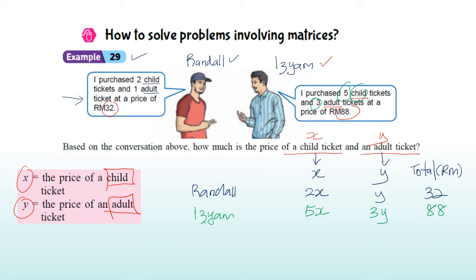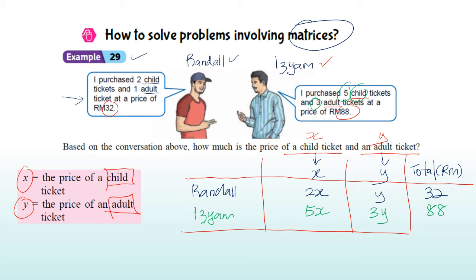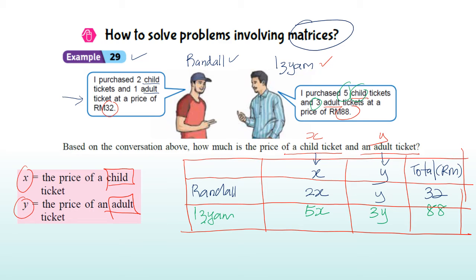Okay, so now you want to solve it using matrices. What do you see here? You can see here a table, right? And of course from this table you can change it into a matrix. How to change it?